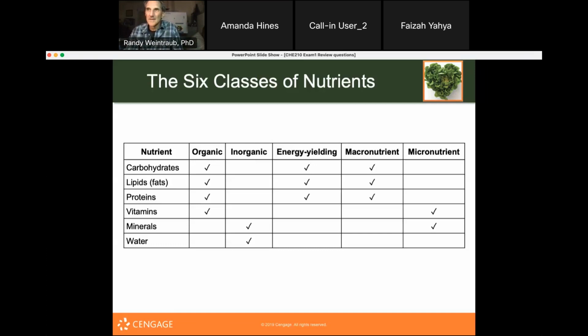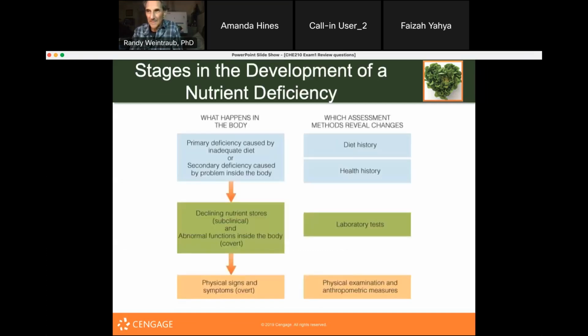Energy yielding means they get broken down eventually into glucose and used to make ATP, and which are macro and which are micronutrient. So a really good graphic organizer that's presented in the book.